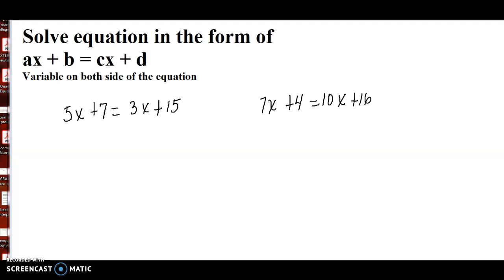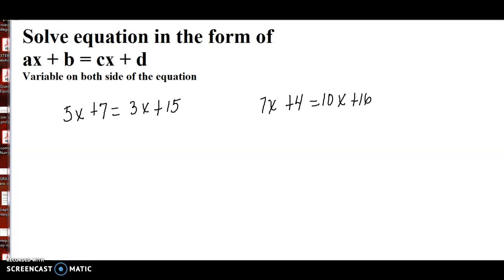Now, we have the option of having our x's on the left-hand side of the equation or the right-hand side of the equation. It's really a matter of your choice. I prefer my x's to end up on the left-hand side of my equation. So you're going to see that that's how my problems end up.